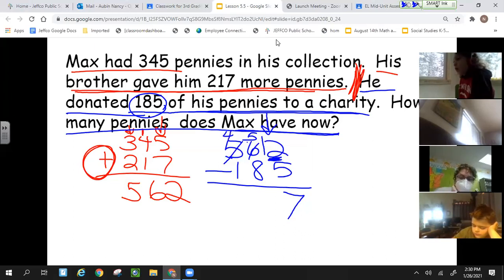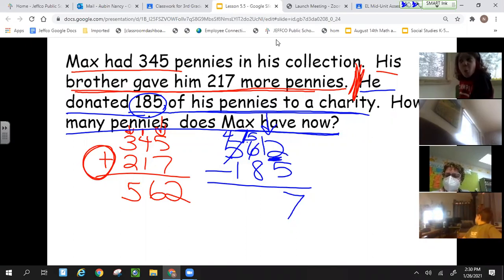Okay, what am I going to do with that? 10. I'm going to put it right here and add it to that 5. So now I have 15. Because I couldn't do 5 minus 8, but I can surely do 15 minus 8, right? Okay, now what?